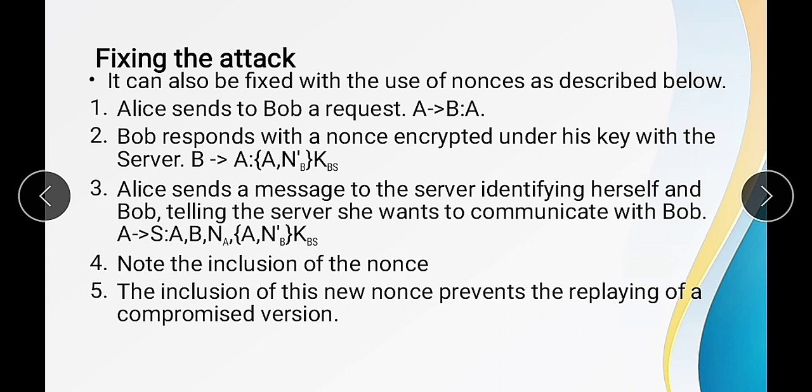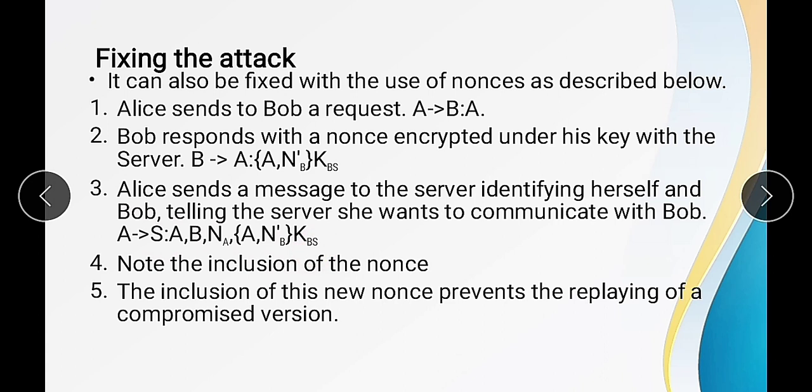Okay, in the third step, Alice receives the message, and after that she sends a message to the server showing the identity of herself and Bob, and also asks the server about the communication to be established with Bob. So she is again requesting the server, and for that she shows her identity and Bob's identity to the server, and with that she sends this message.